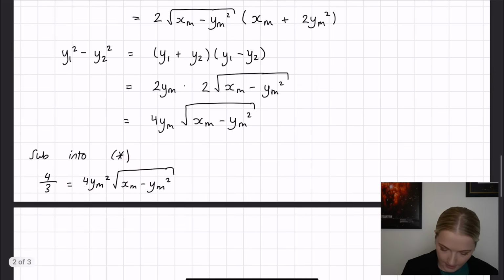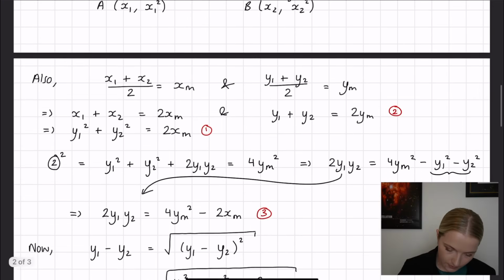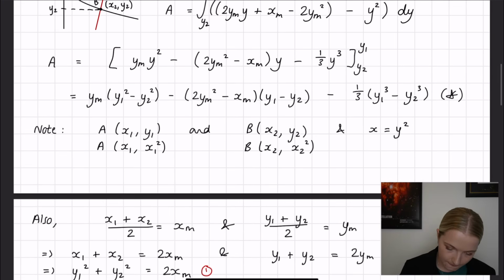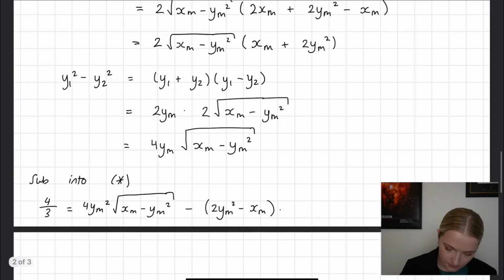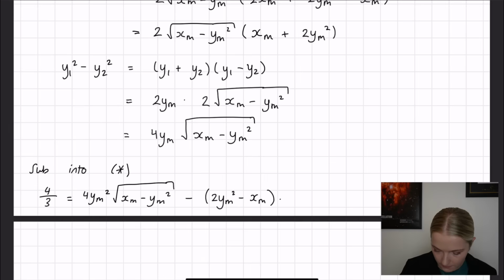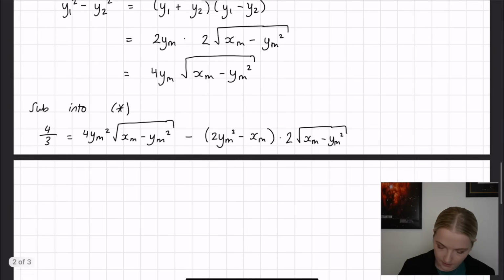And then we'd have minus, now we'd have the factor out front, which was 2ym squared minus xm multiplied by this, which we've calculated, which would be 2 square root of xm minus ym squared.